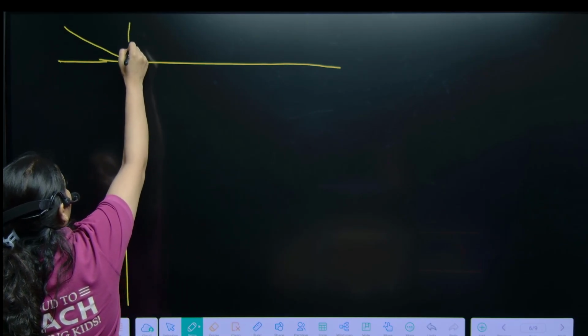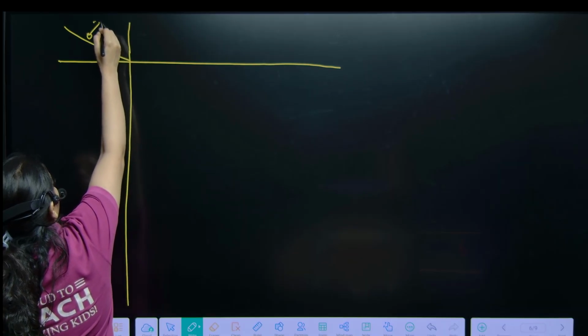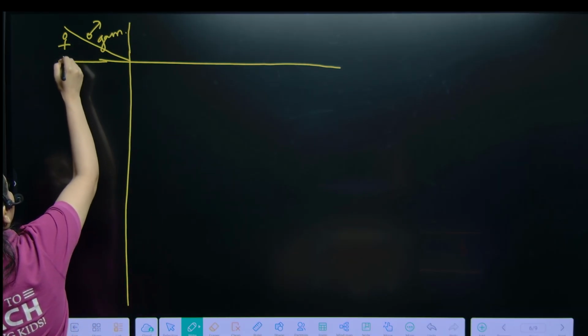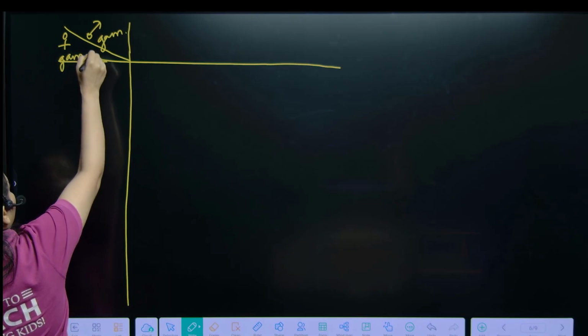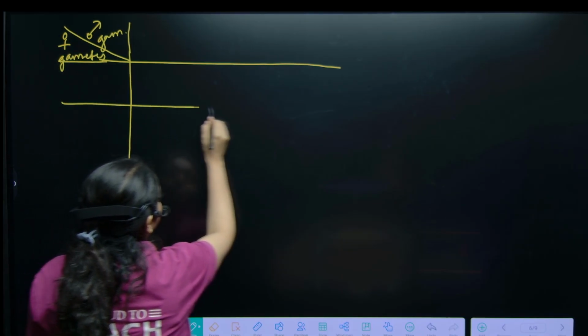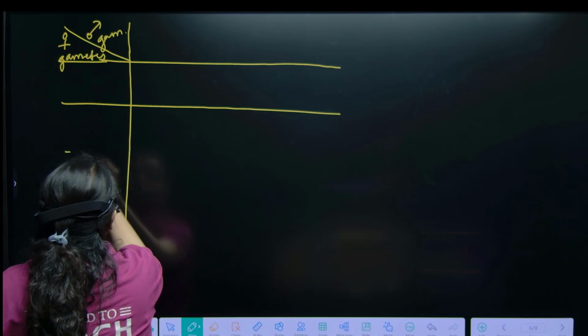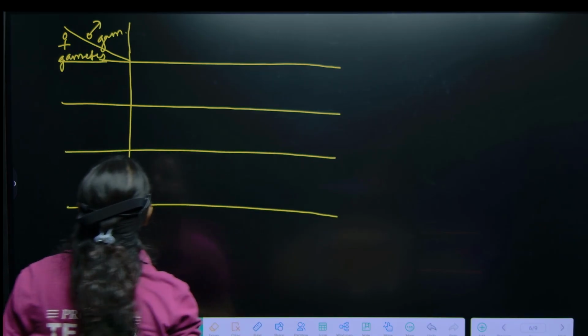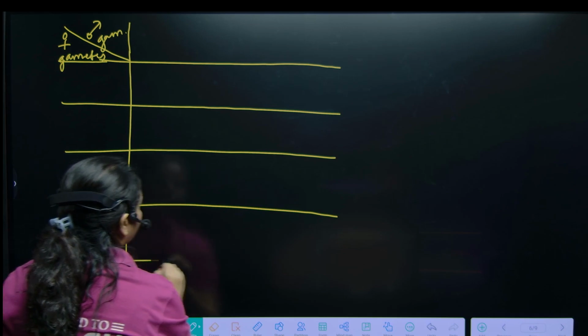This is the next step. So here we will mention the male gametes for F1 and here we will mention the female gametes of F1. Female gametes are of 4 types and male gametes are of 2 types. So let's write it.